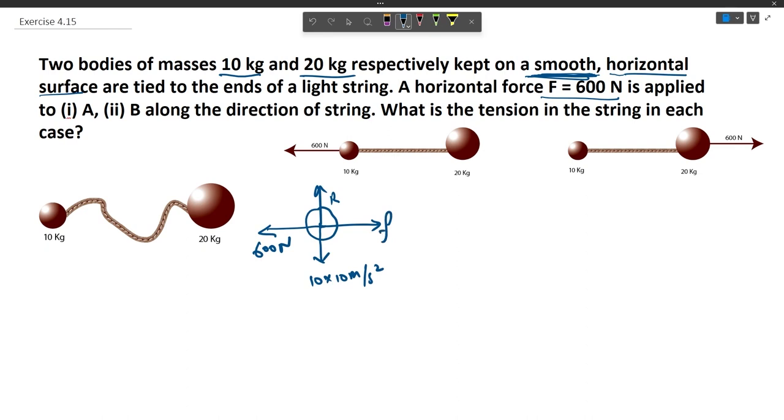So force of inertia would be 10 multiplied by A. Also there is a tension force in the string that would be acting away from the object. Let us assume it by T. Now equating the forces, we will get 600 Newton equals to T plus 10 multiplied by A.